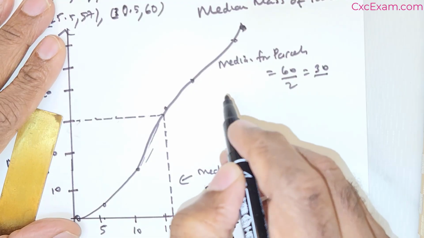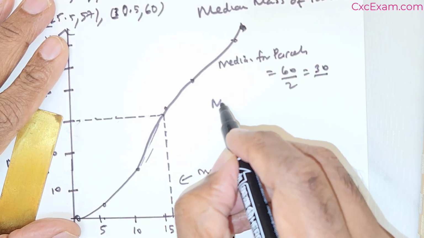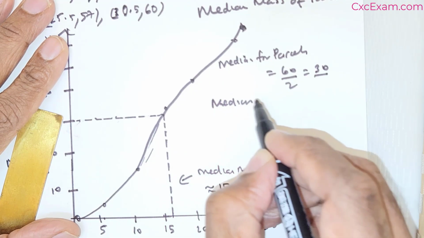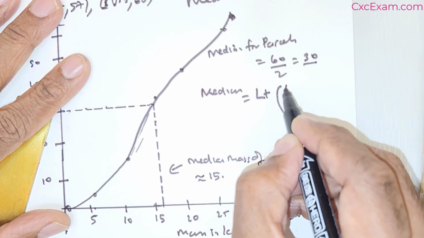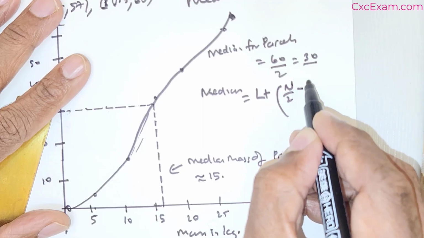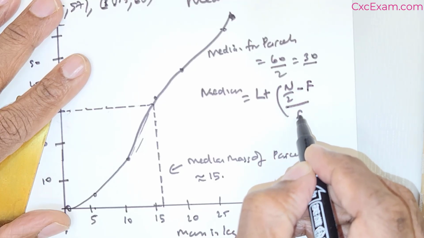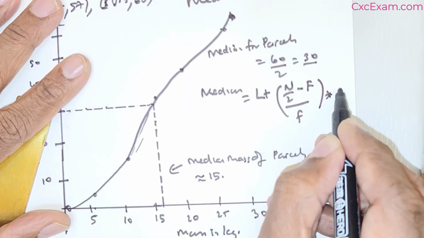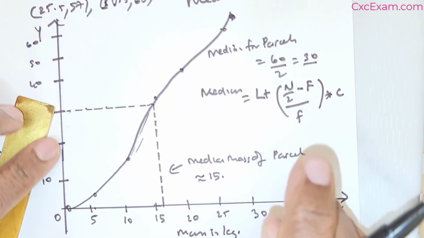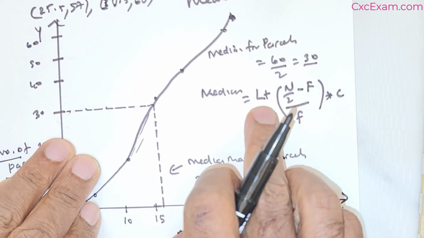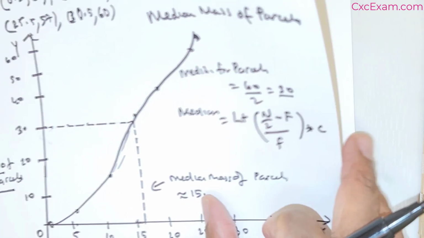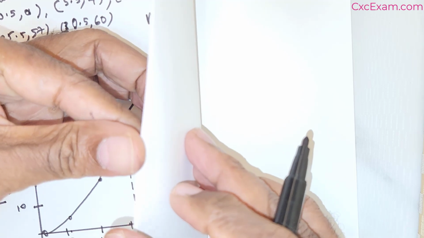Now, to get that median mass, we have a formula. That formula is L plus N over 2, negative capital F, divided by small f, times C. I'm going to give you the representation for L, N, F and C and small f. So let me give you that.